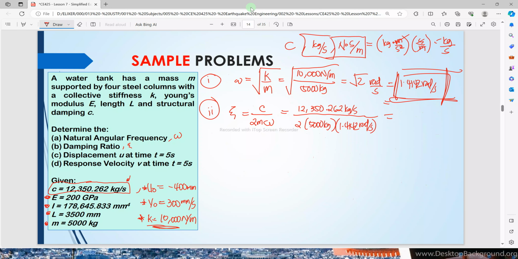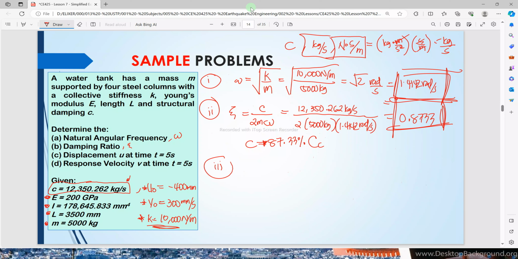So again, our damping ratio is just equal to 0.8733. So we already have our answer for the damping ratio. What 0.8733 means is that our coefficient C is 87.33% of the critical damping.